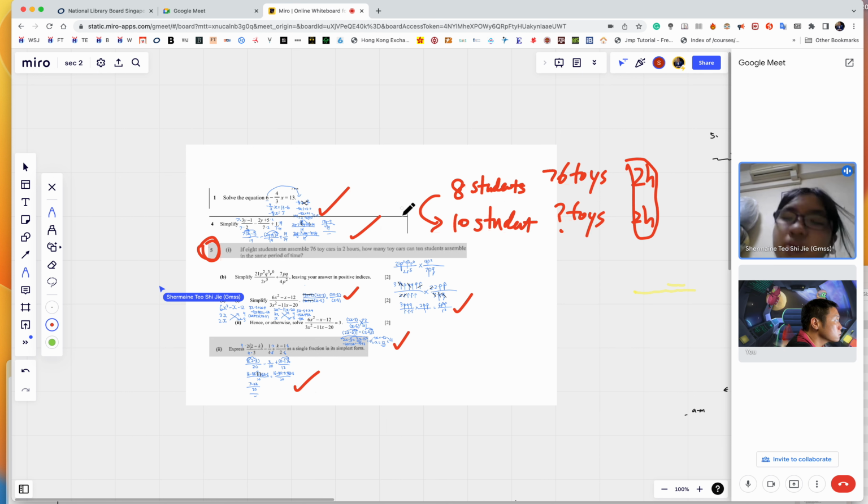Five over 4. Can you give me a decimal number? So it's 1.25. So it's always times, not minus, not plus. So if the student number times this, do you think the toy also times or divide?